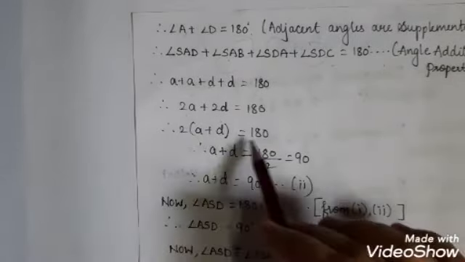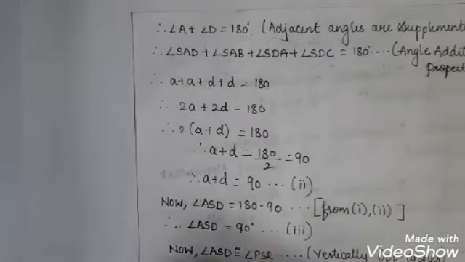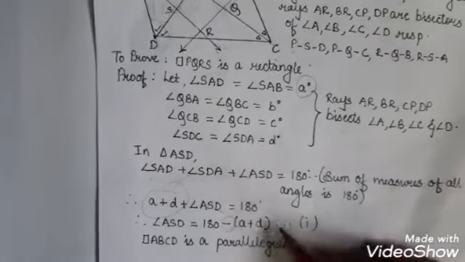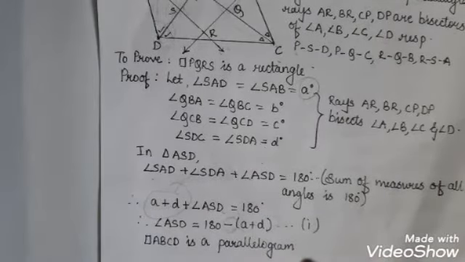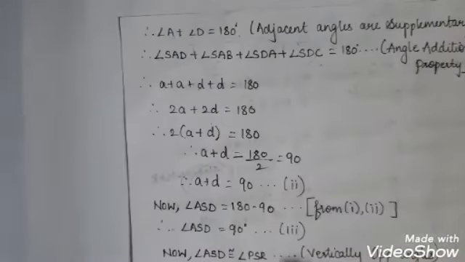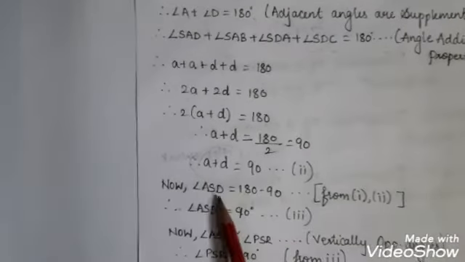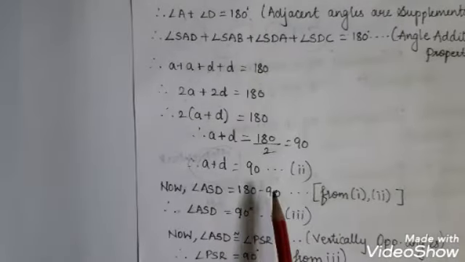That is equation 2. Now I substitute A plus D in equation 1. Angle ASD is 180 minus (A plus D), but A plus D is 90, so 180 minus 90 is 90. That is equation 3.